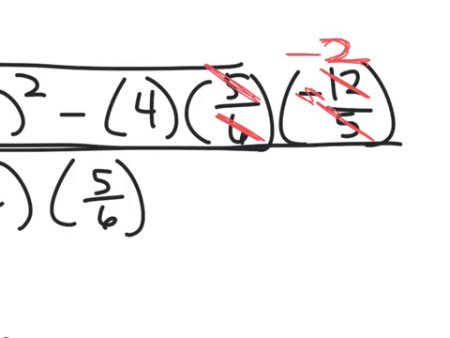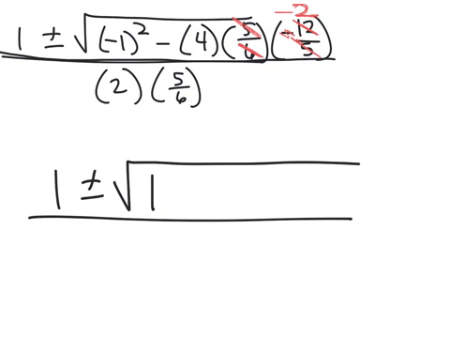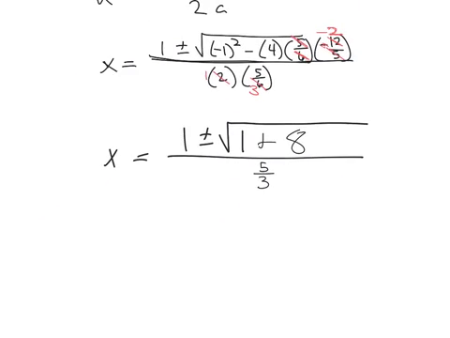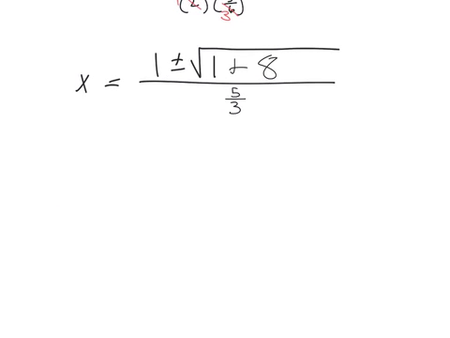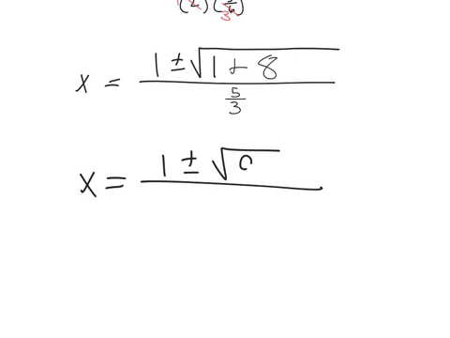So all of that work becomes +8 all over, and then this guy right here, the 2 cancels with the 6, so the 6 becomes a 3 and the 2 becomes a 1. So that becomes 5/3 down in the denominator. All right, so we've got x is equal to 1 plus or minus the square root of 9 over 5/3.